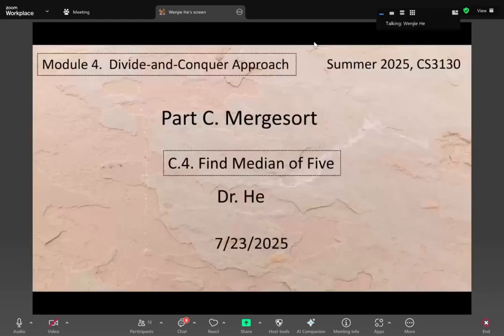So now we have 10 minutes before the end of this class. Let me do one example. How about that? One special selection problem. Find median of 5. Actually, this question is very challenging.